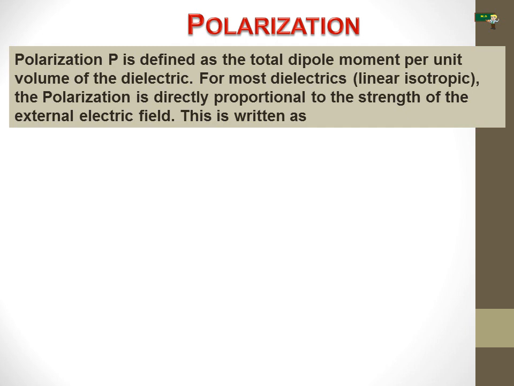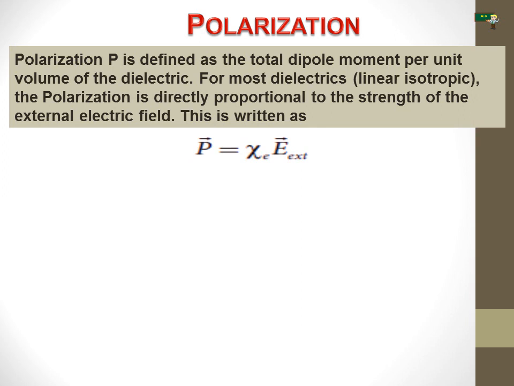For most dielectrics, that means the linear isotropic, the polarization is directly proportional to the strength of the external electric field, and it can be written as P equals Xe E external.